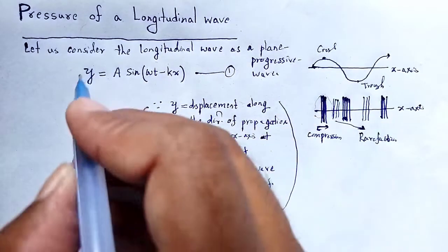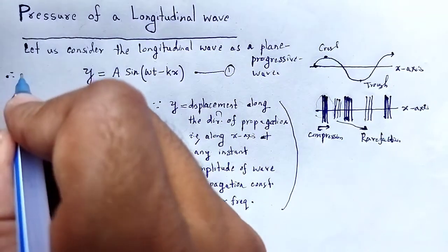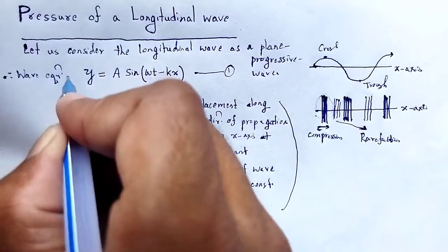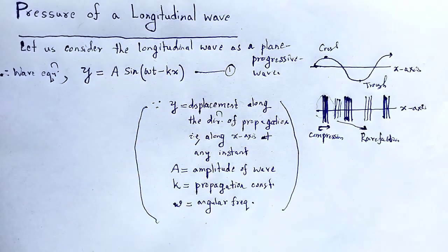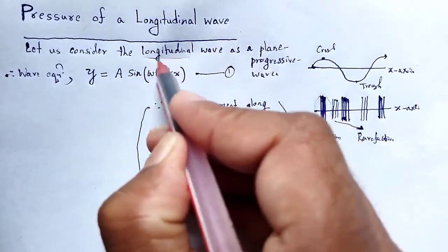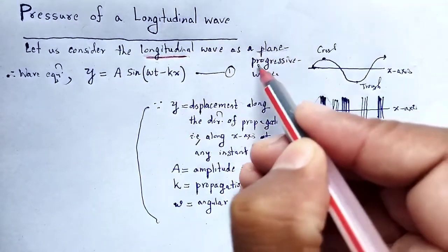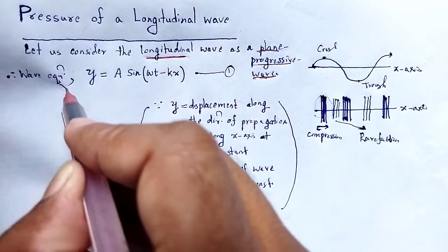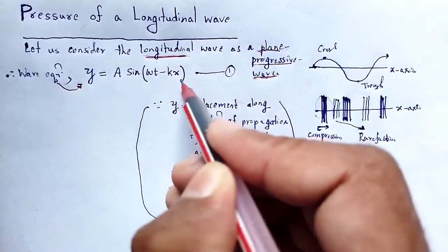Therefore, the wave equation is written like this. The longitudinal wave is a plane progressive wave, that's why the wave equation is written like this.